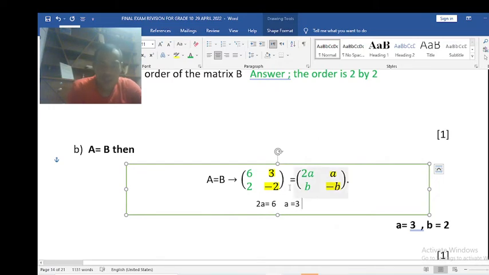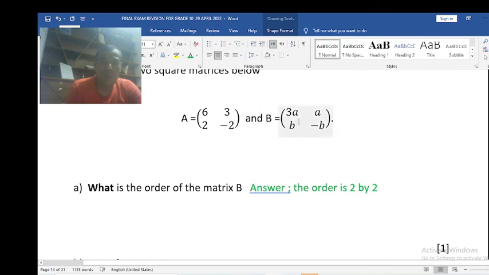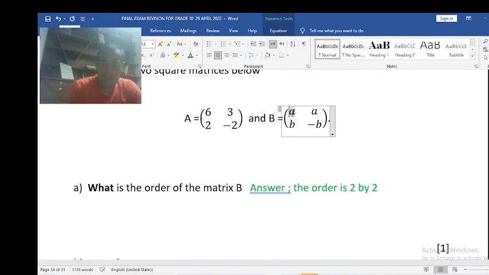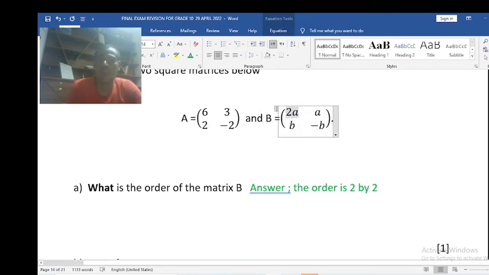The second entry in the first row, second column, is equal to A. And for the second, minus B equals minus 2 means B equals 2. Clear? Then I will just change this one to 2A. Yes, now it's correct.